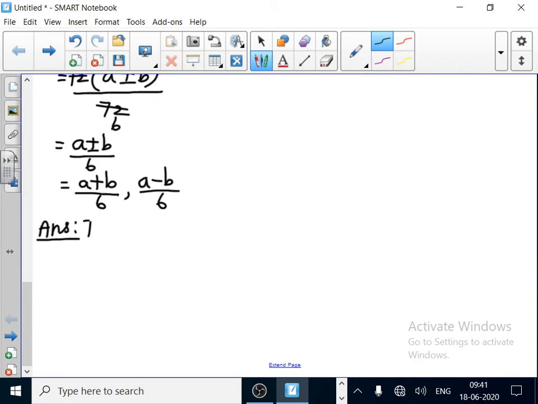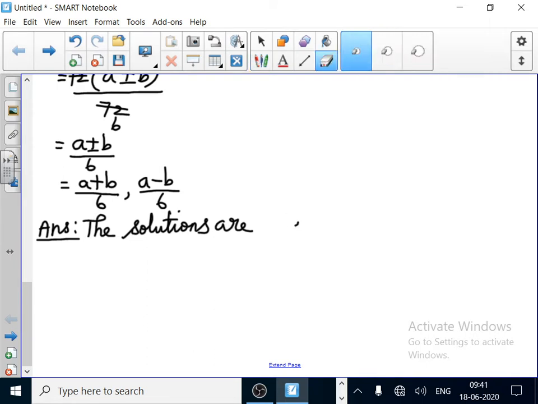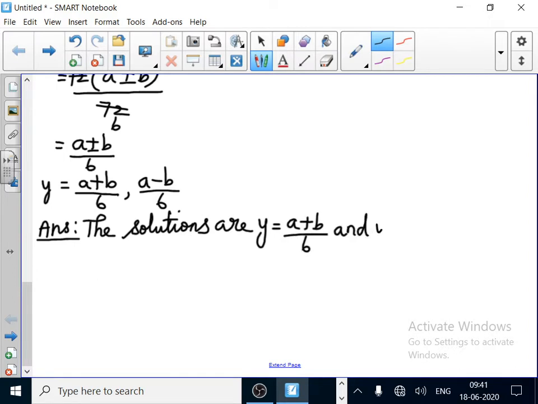So the answer: the solutions are y equal to, sorry, it is y, not x. Because it is a quadratic equation in the variable y, the solutions are y equal to a plus b by 6 and y equal to a minus b by 6.